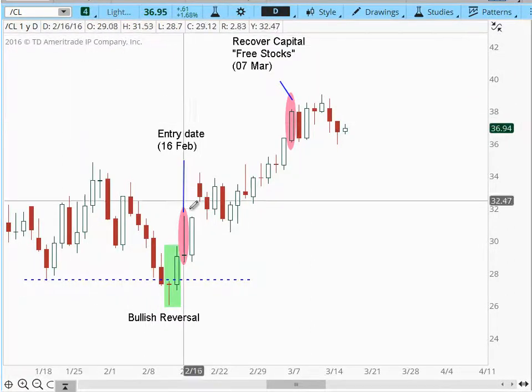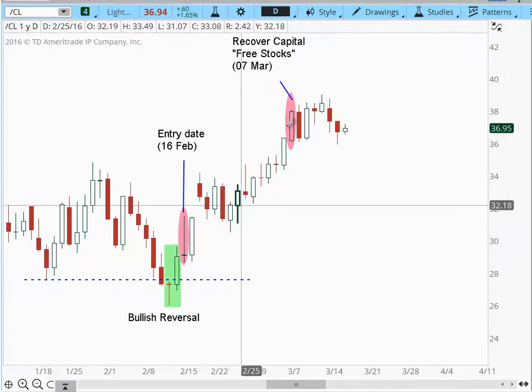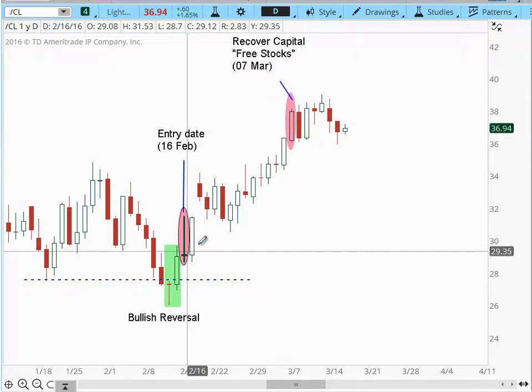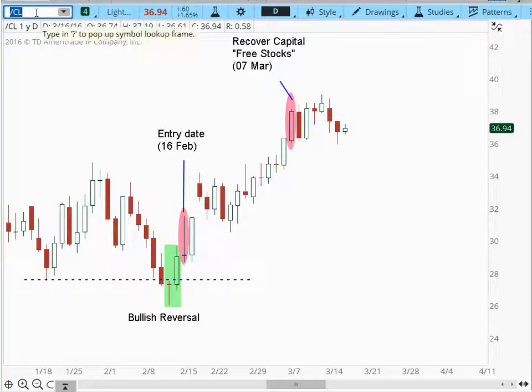So with this move of the crude oil from about $29 level to about $36 to $37 level, which is about $8 move, I would expect my top 10 stocks to move even much faster in terms of percentage. Okay, let's take a look. WLL.